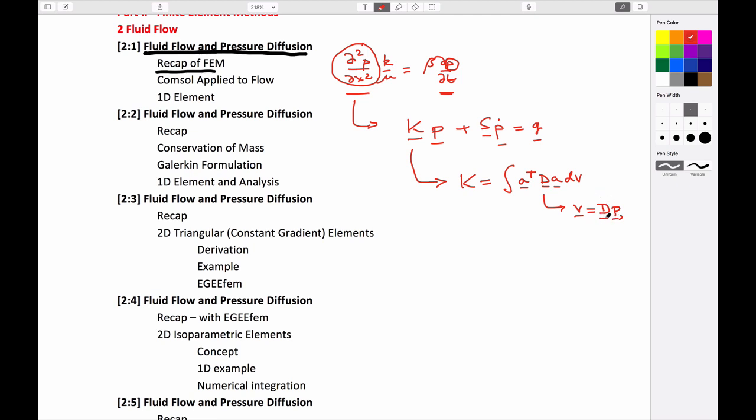So this is Darcy's law, constitutive equation. And the A matrix was something that linked values of pressure magnitudes or head magnitudes to gradients of those, dp dx. And so these were the derivatives of the shape functions. And that was always the case.